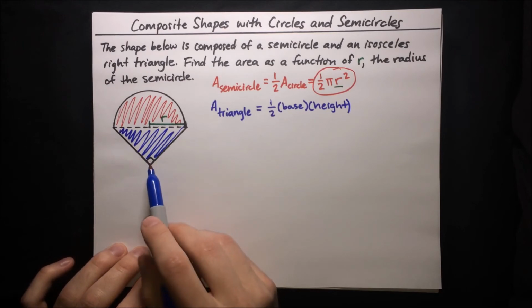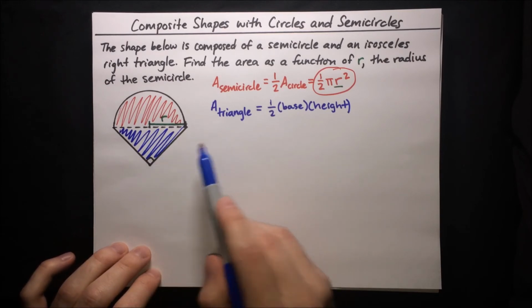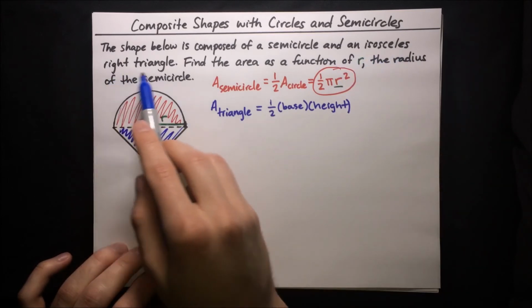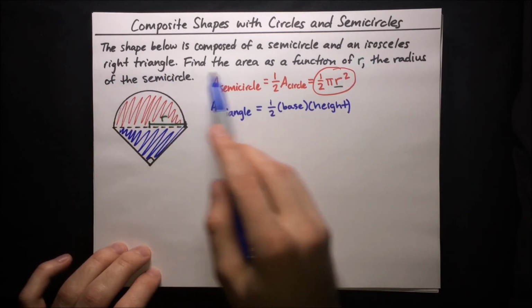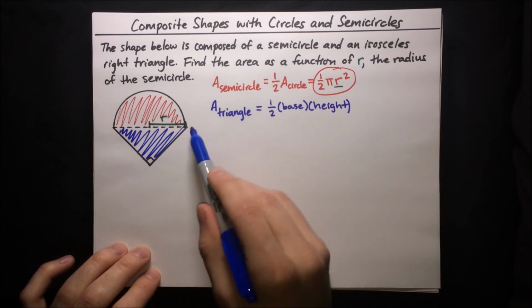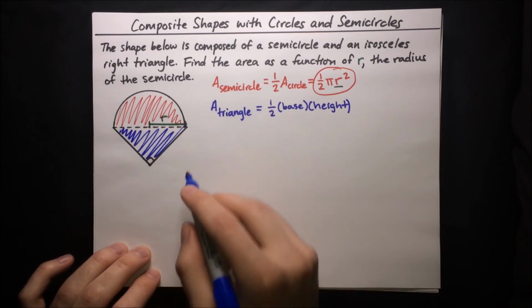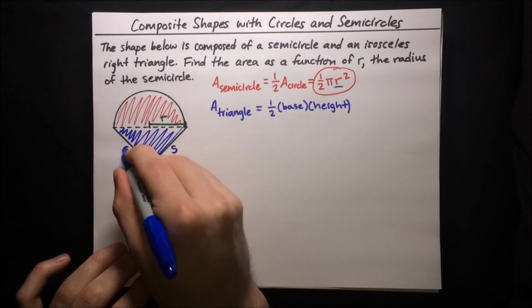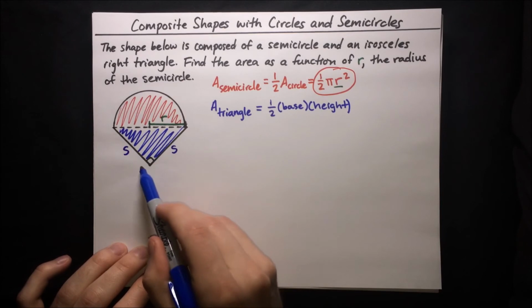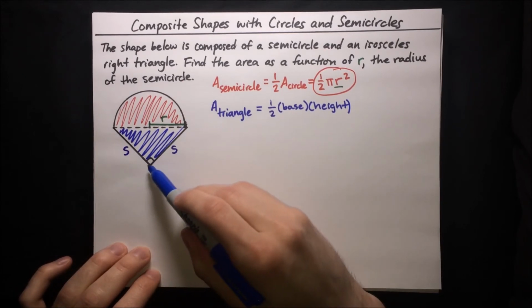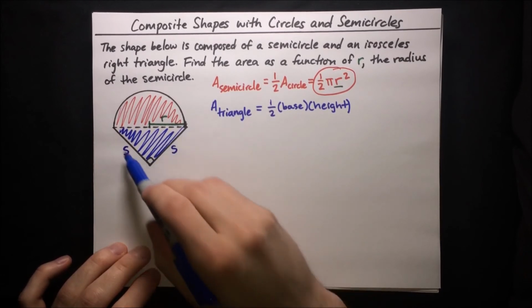So let's look again at the information that we're given about the triangle. We're told that it's an isosceles right triangle. So why don't we make use of that information? Isosceles means its two sides are the same. So why don't we just label the sides? We'll say that each side has length s. And because this is a right triangle, we can also interpret this triangle as having this as the base and this as the height.